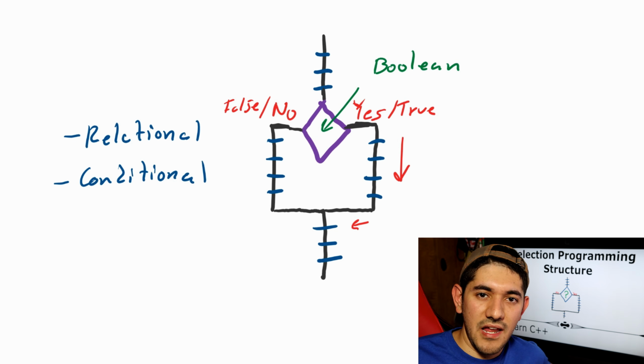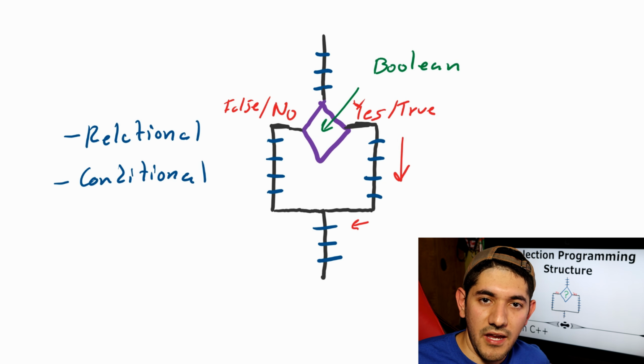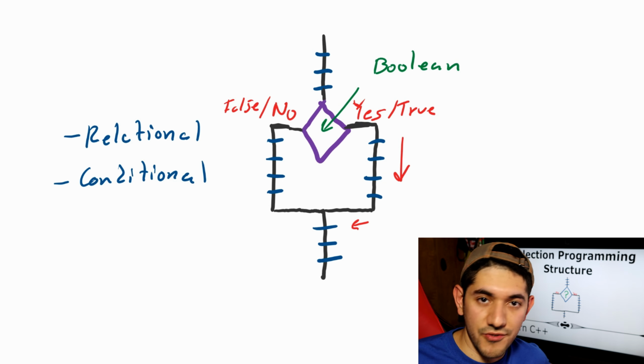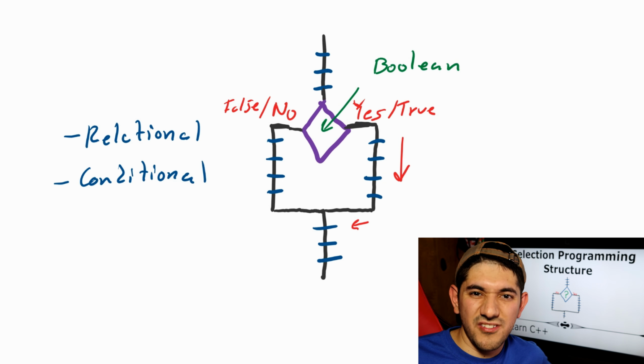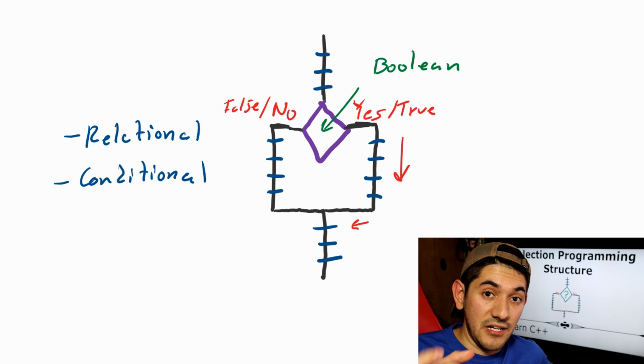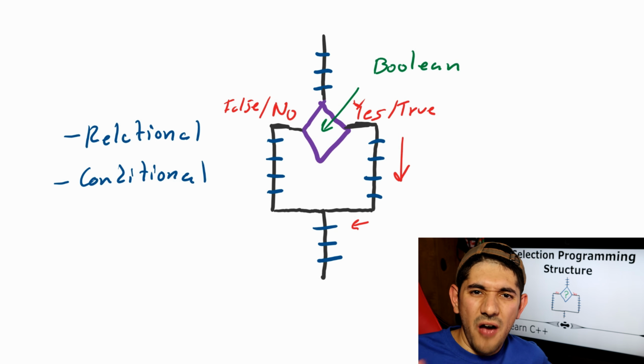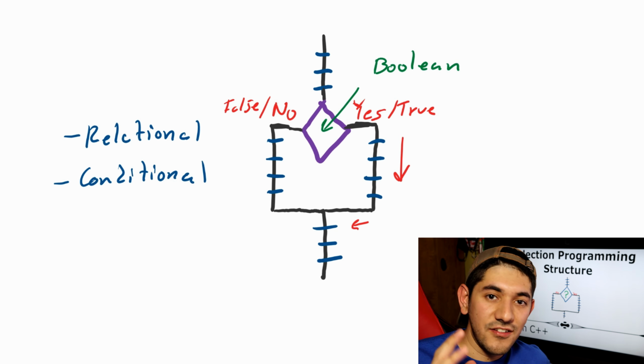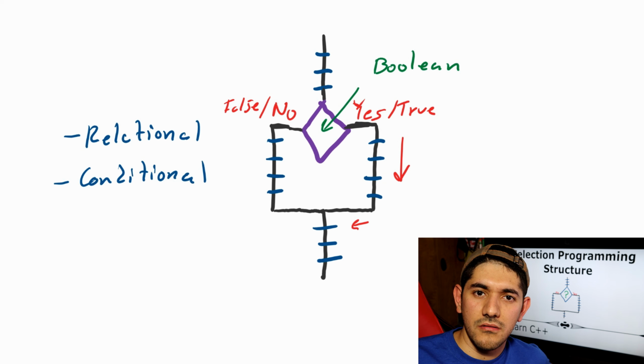However, in our everyday life, we ask much more complicated questions. If I say, what is your name? The answer is not yes or no or true and false. It's a combination of letters to form a word, and that word is your name. How would you ask a question where you want to find out what is the name of someone in such a way that you only get a yes or no?